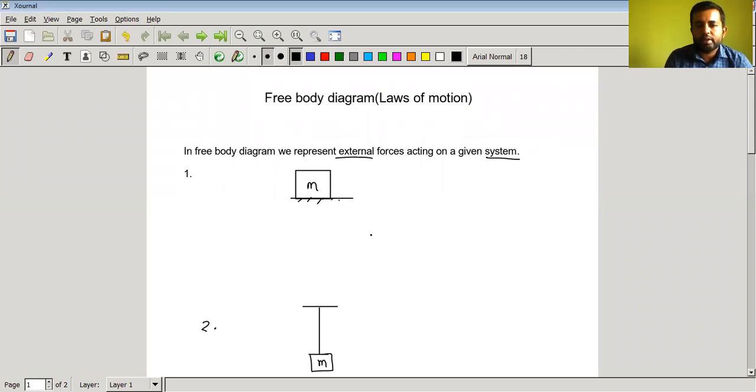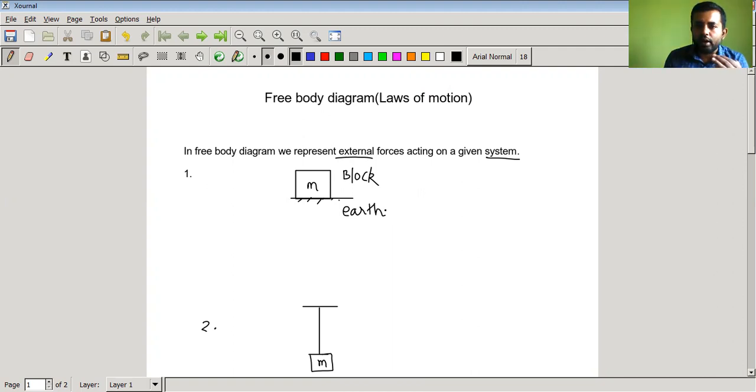So let us take first example. One mass m, one block is resting on earth. Okay, so this is a block, right? And this is earth, let us say. So now you can consider block to be a system, right?